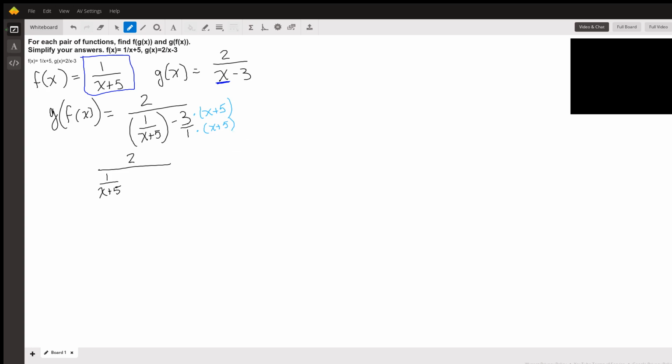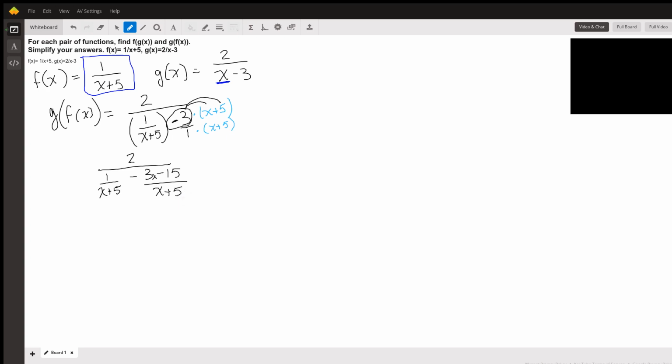Okay, now when I do that, because this 3 here is negative, I'm actually distributing a negative 3 here. So that's going to give me 3x minus 15 over x plus 5.